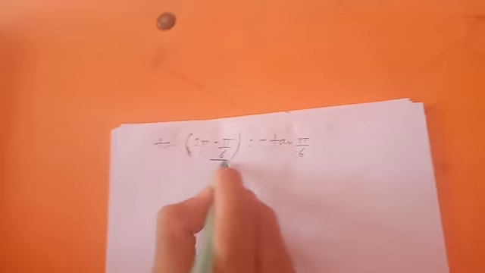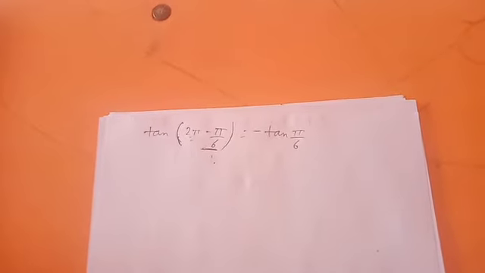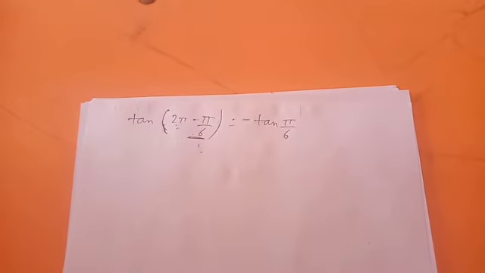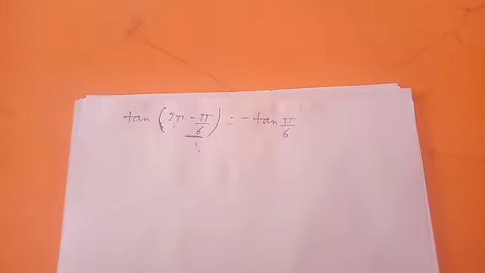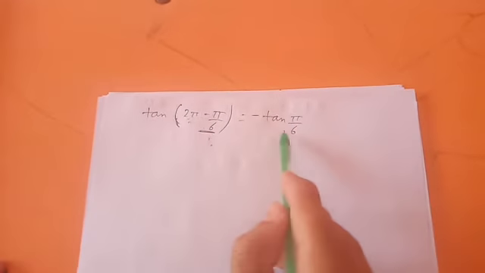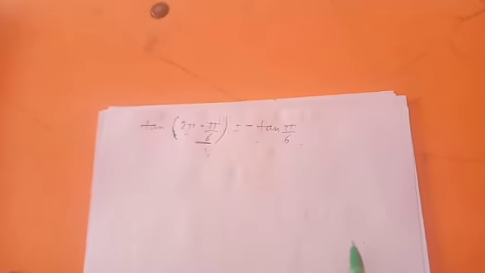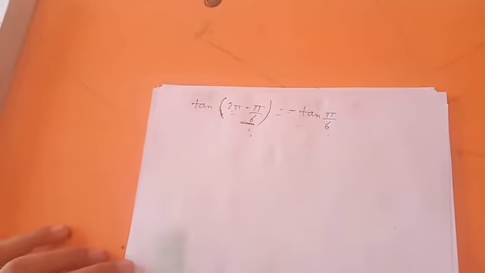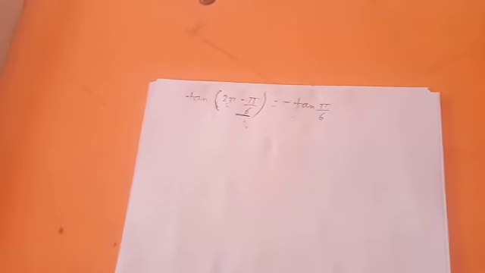Now think of it, why have I again used the same angle pi by 6? Why have I used it? Because we know the tangent of pi by 6 is 1 by root 3. Only we have to add one negative angle to it.